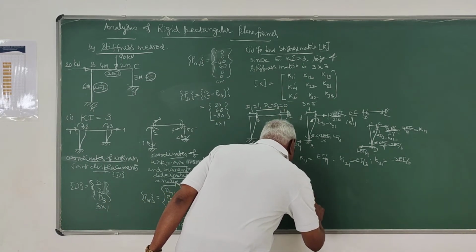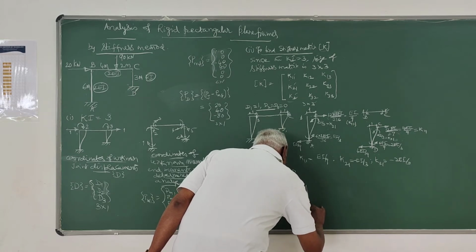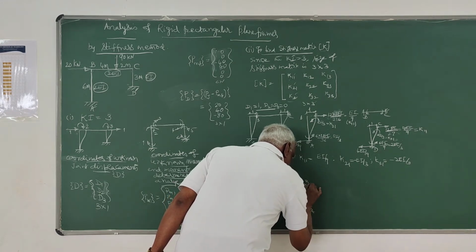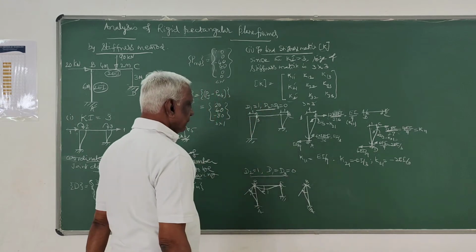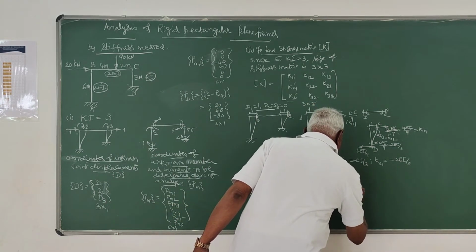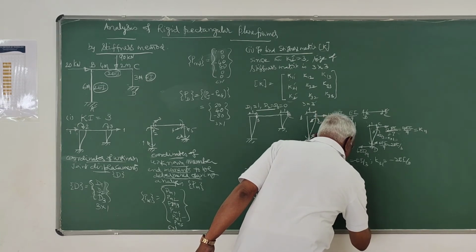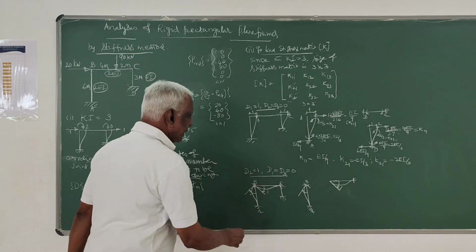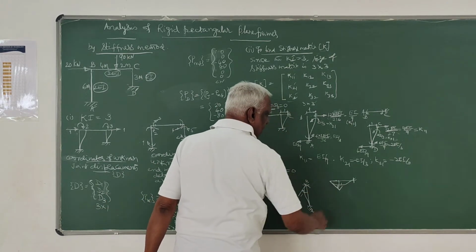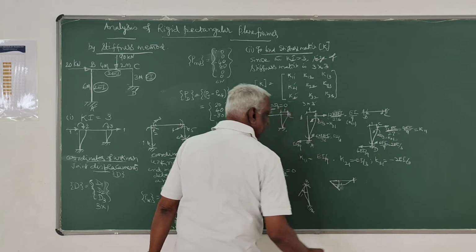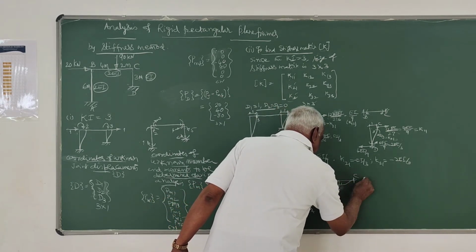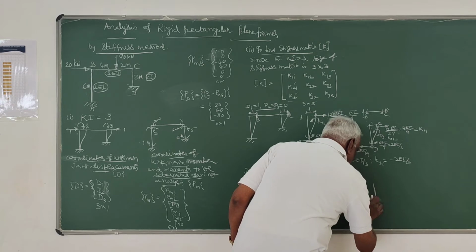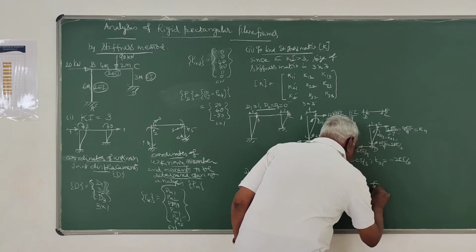Members affected are this AB, it has this space like that individually, AB, by unity, and BC, that also has this place like this, BC, has this place like unity, this also unity, this is how it has been displayed, this is BC, and CD, it is not affected at all, CD, it has not been affected.